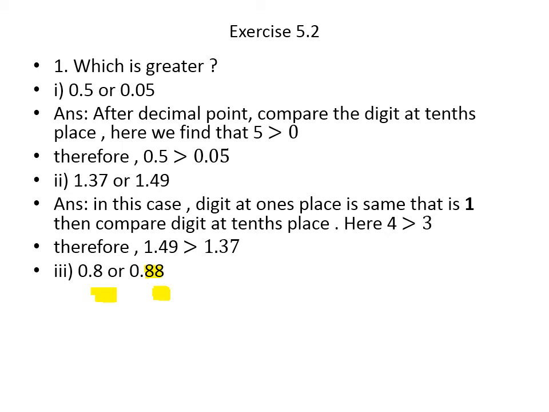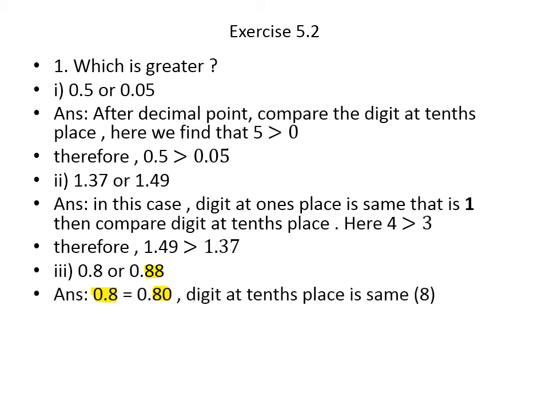One more example is given. So 0.8 and 0.88, which is the greater one? Now 0.8 can be written as like decimals. It means after the decimal point we have the same number of digits. So 0.8 can be written as 0.80. Therefore the digit at the 10th place is again same.